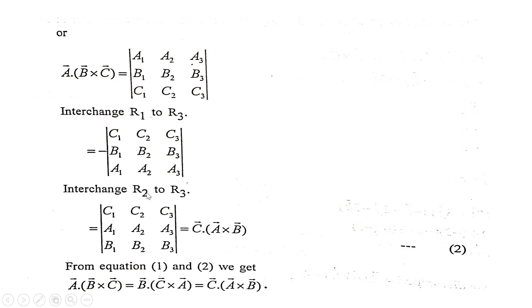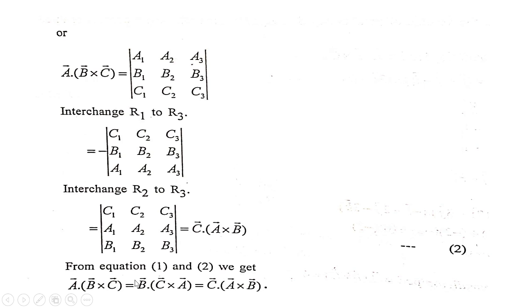Now interchanging r2 to r3, we get c1 c2 c3, a1 a2 a3, b1 b2 b3. That is equal to c bar dot a bar cross b bar.